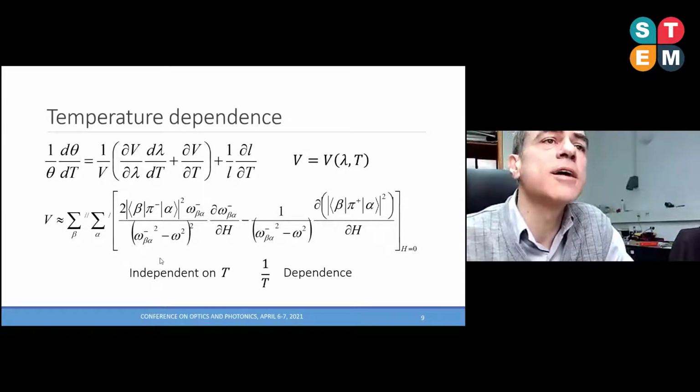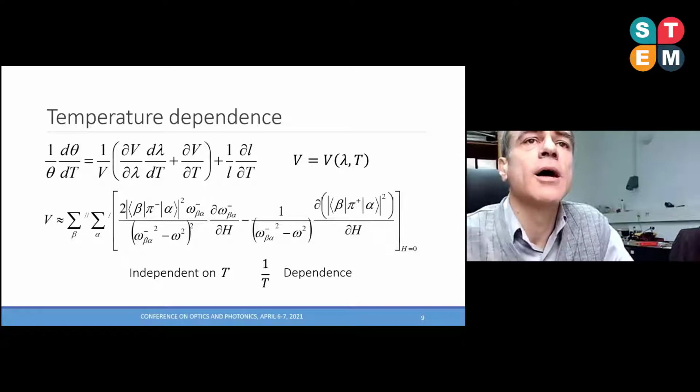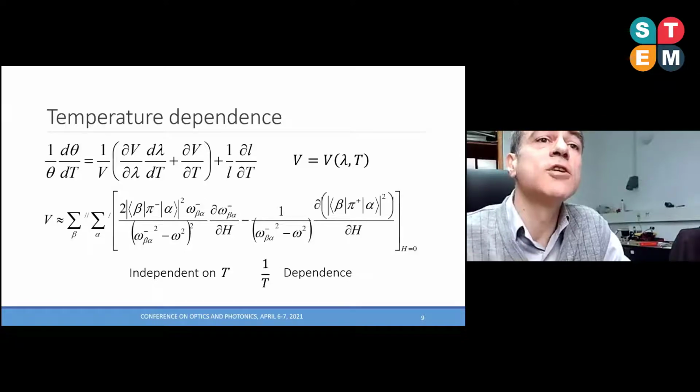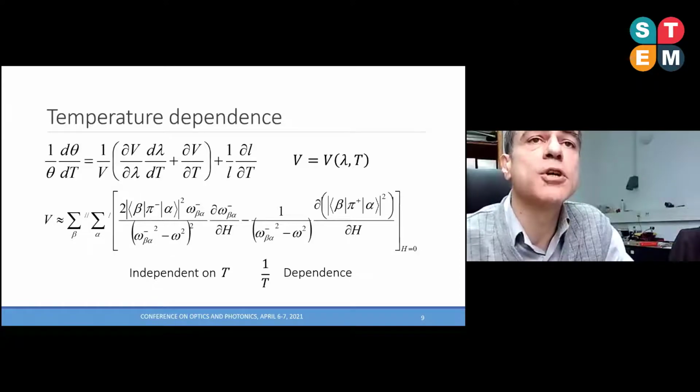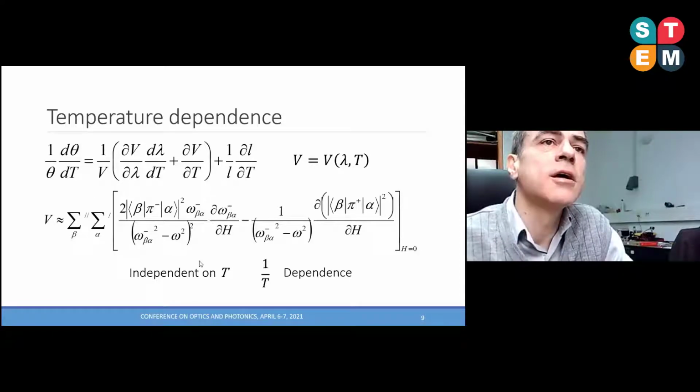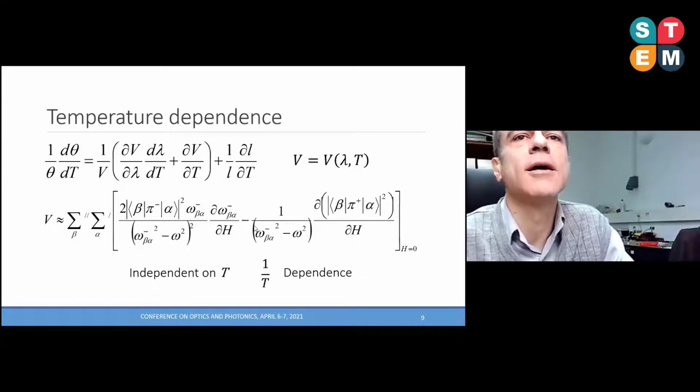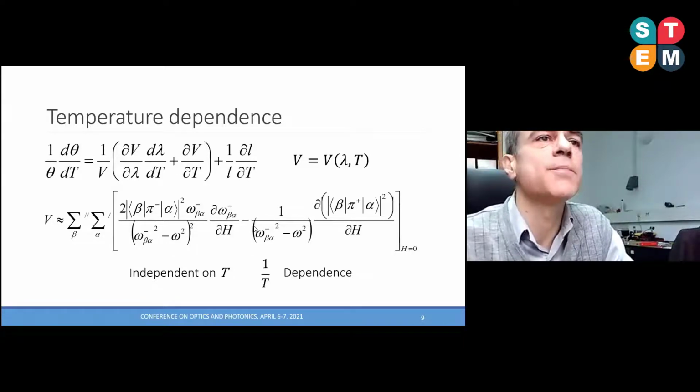And it also has a different spectral dependence in comparison to the paramagnetic part. This paramagnetic part originates in a spin-orbit interaction. It does not exist in diamagnetic materials, and it is inversely proportional to temperature. So altogether, the dependence of Verdet constant is complicated and not a very happy one for sensing.